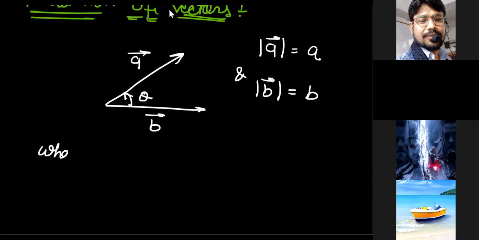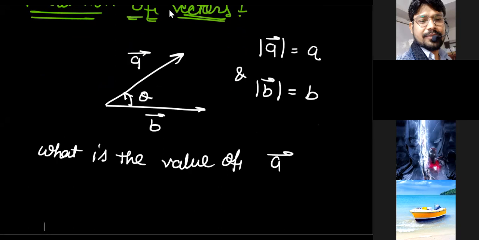First of all, what is the value of vector A along vector B? That means what is the value of vector A along the direction of vector B?